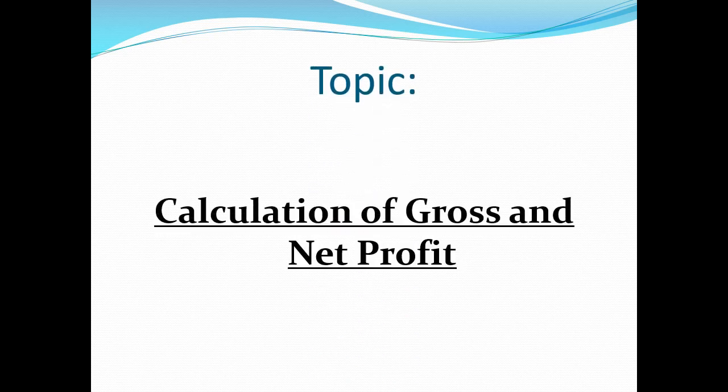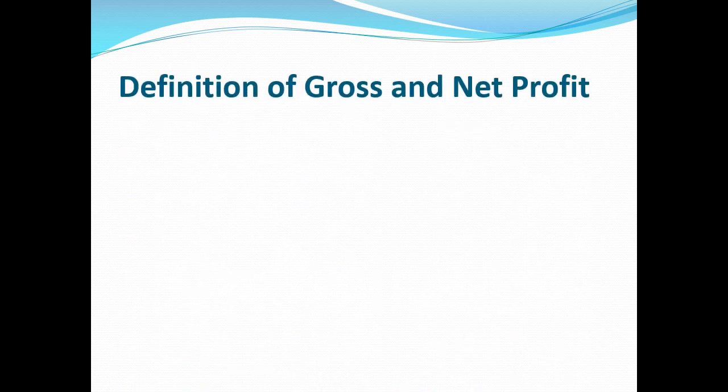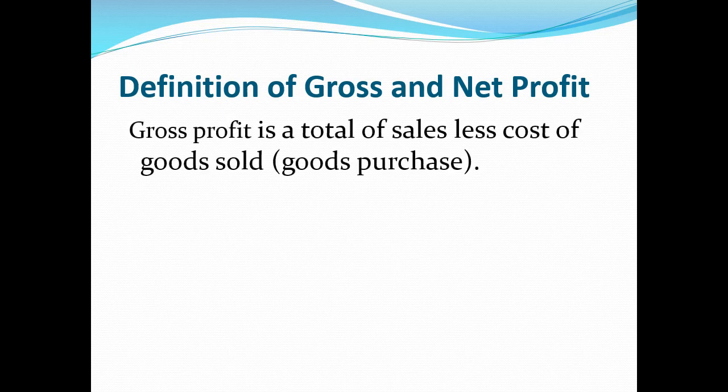Today we're going to look at this topic: calculation of gross profit and net profit. In calculation of gross and net profits, we have to look at the meaning of gross and net. First of all, the definition of gross and net.